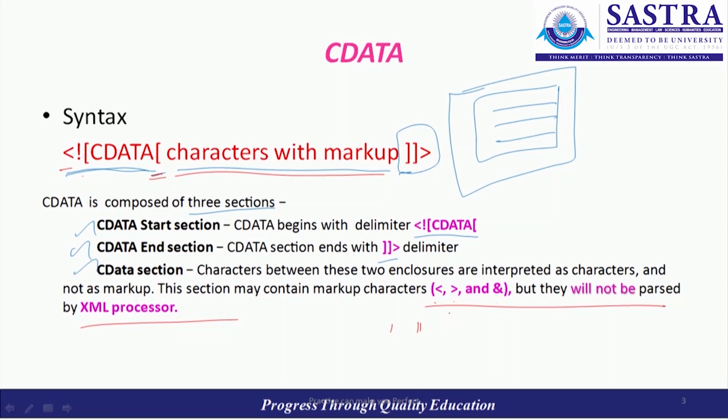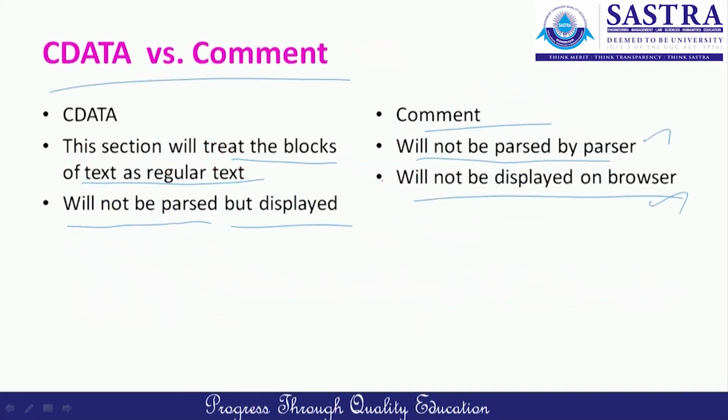These special entities do not require any predefinitions, but if these are included within the character data, it will not make any problem for the parsing process. So, this is character data and we learnt CDATA as well as the comment line statement. Thank you.